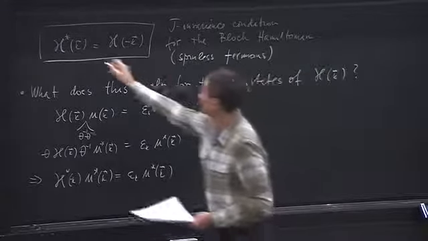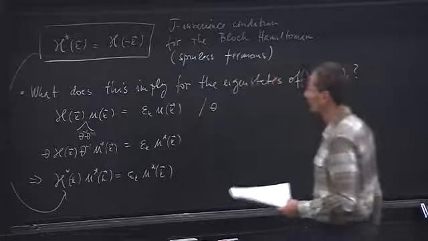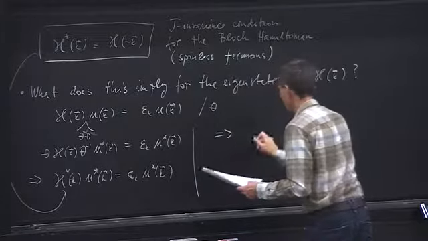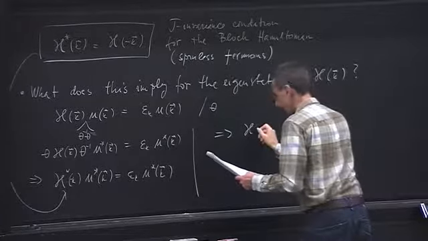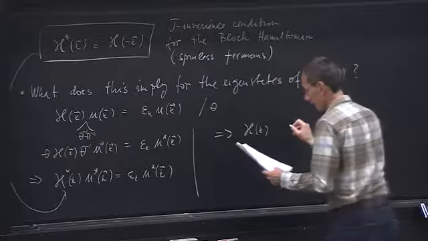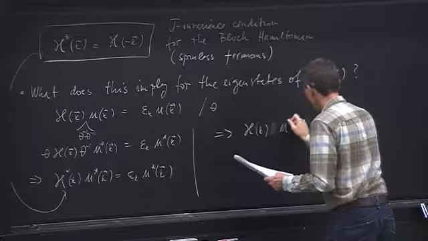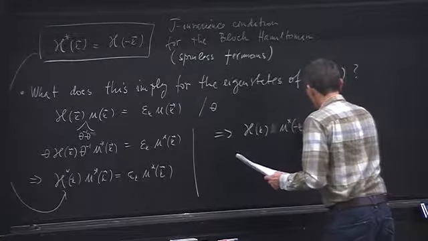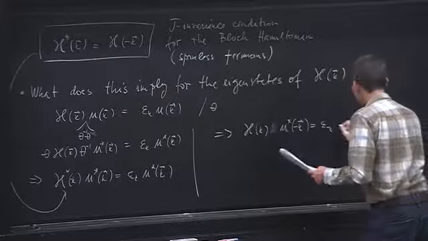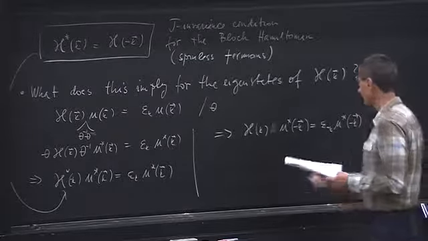But now I use this condition here to replace this h star by the Hamiltonian itself, and finally, what I get out of here when I switch k to minus k is that h of k acting on u star minus k is epsilon minus k acting on u star minus k.